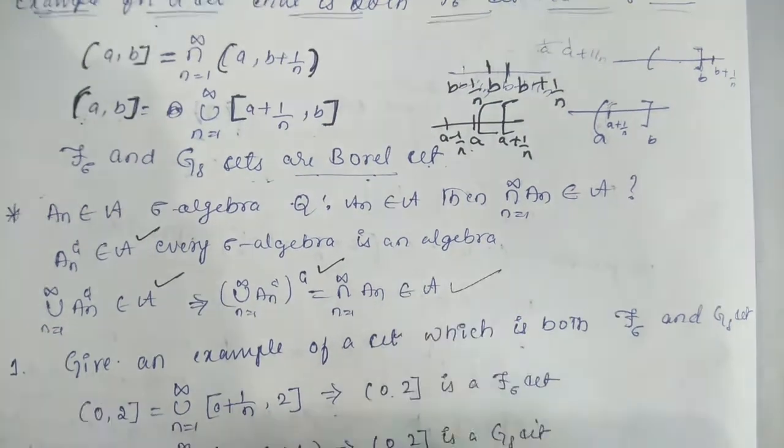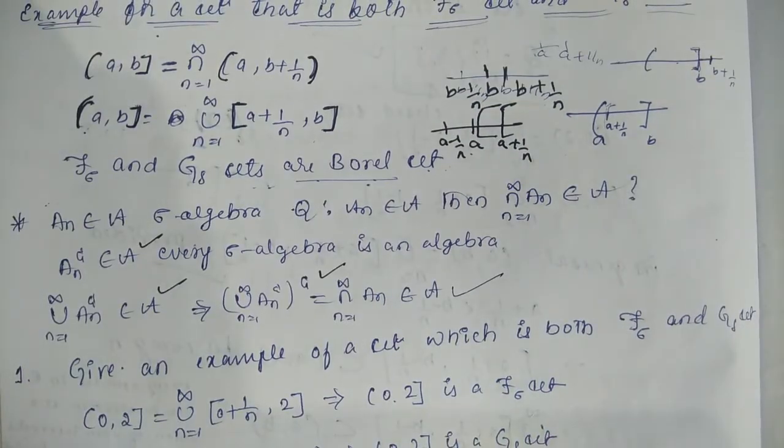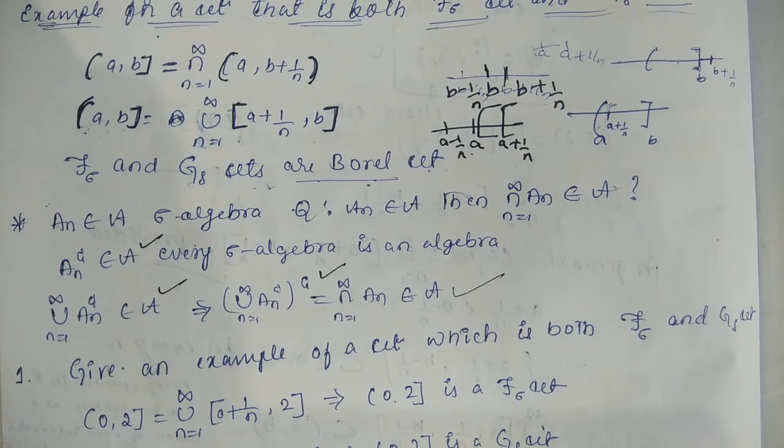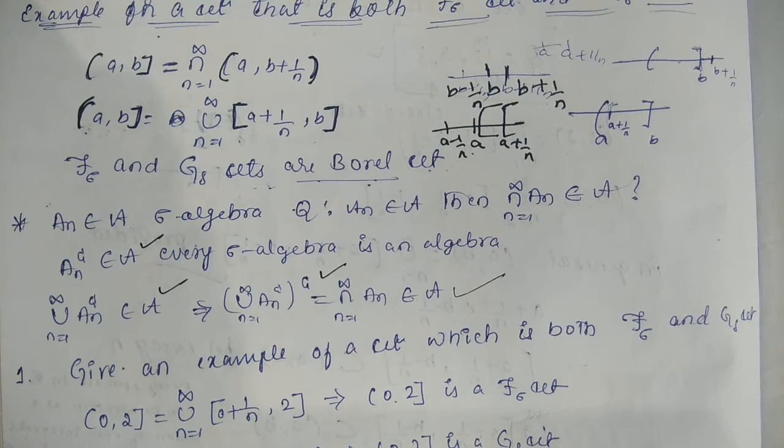Therefore it belongs to A. So if A_n belongs to a sigma algebra A, then A is closed under countable intersection also.